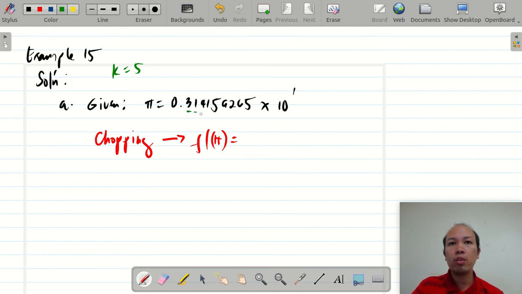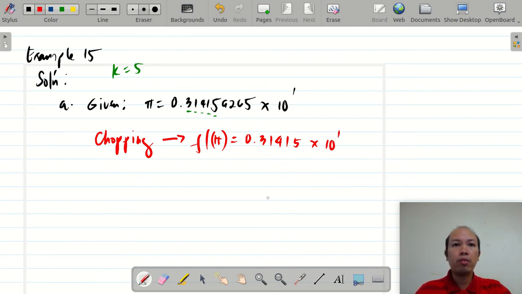So 1, 2, 3, 4, 5. Since we are going to find chopping, the answer is 0.31415 times 10 to the 1.